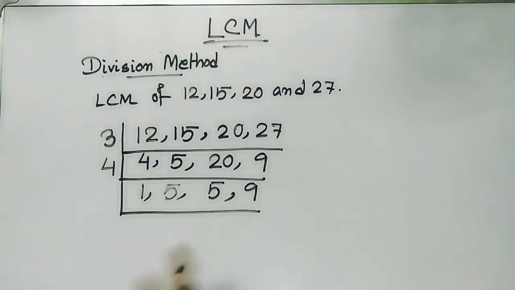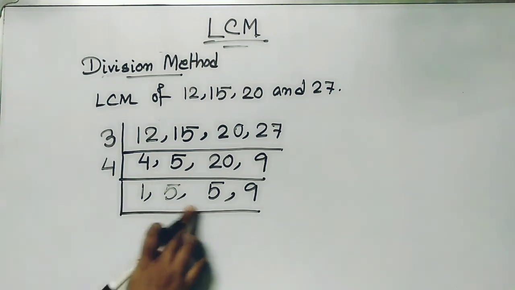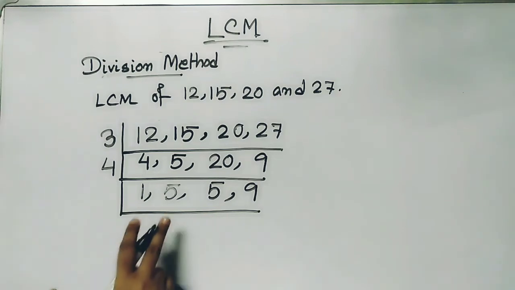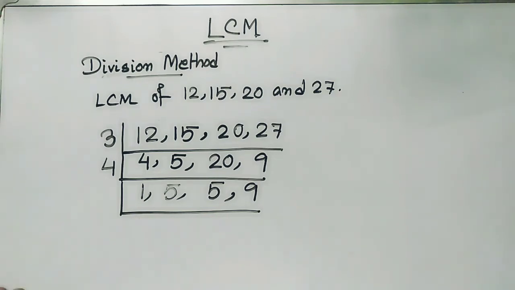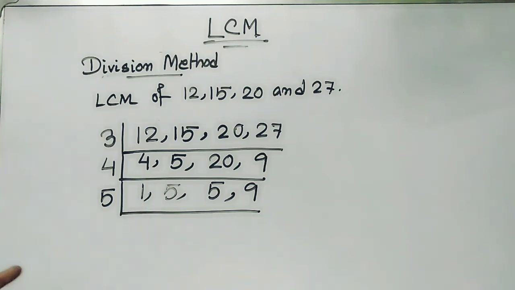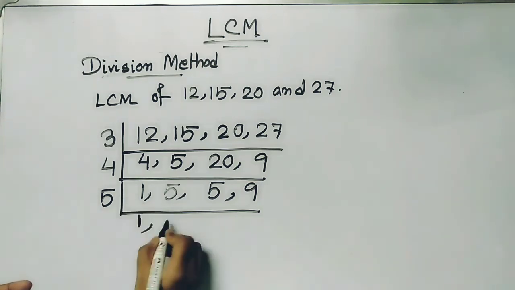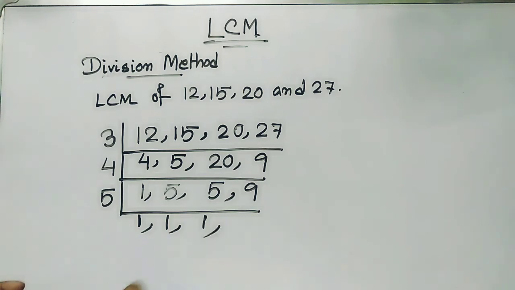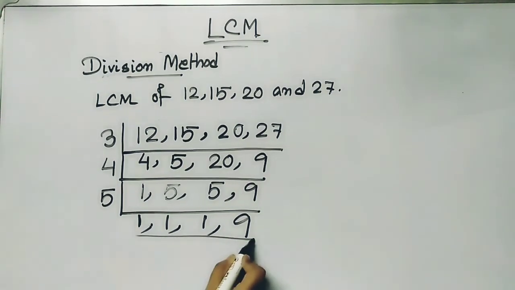Next see here 5 and 5. So we will divide by 5. So 5 ones are 5, 1 is not divisible by 5, so carry forward 1. Next 5 ones are 5, and 9 is not divisible by 5. So we carry forward this 9. Now see, no two of these four numbers are divisible by any common number.